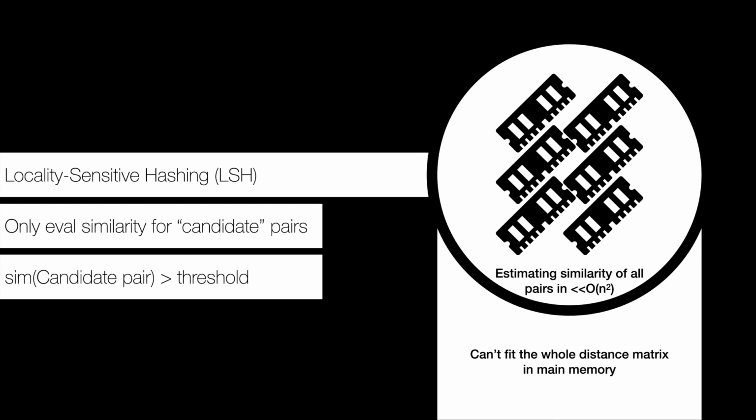Again, there's some opportunity for errors here with both false positives and false negatives, but in general, this penalty is worth the cost savings we get in memory.